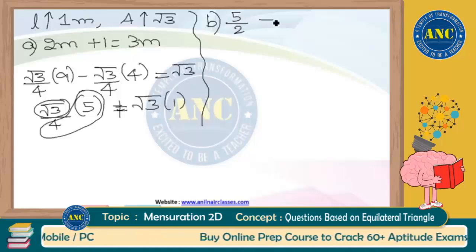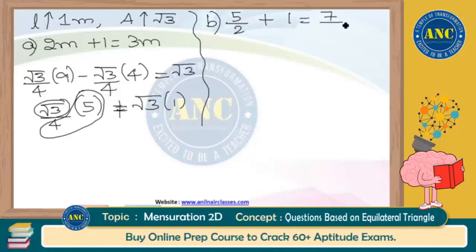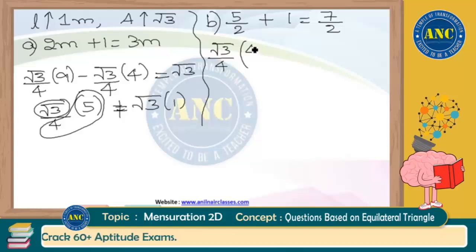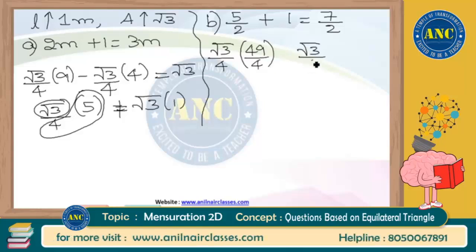Second option is 5 by 2 meters. Initially it is 5 by 2. Increased by 1, it becomes 7 by 2. New area is root 3 by 4 into 7 by 2 whole square, which is 49 by 4. Old area is root 3 by 4 into 5 by 2 whole square, which is 25 by 4.